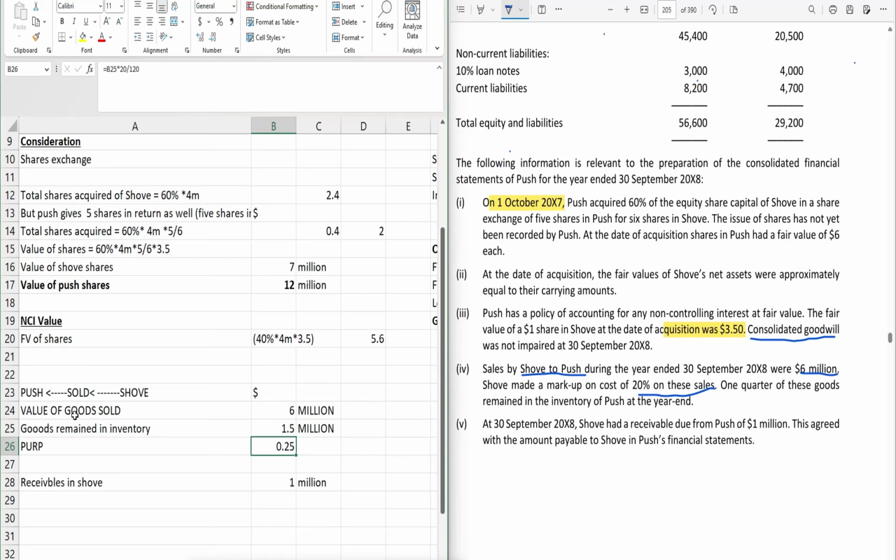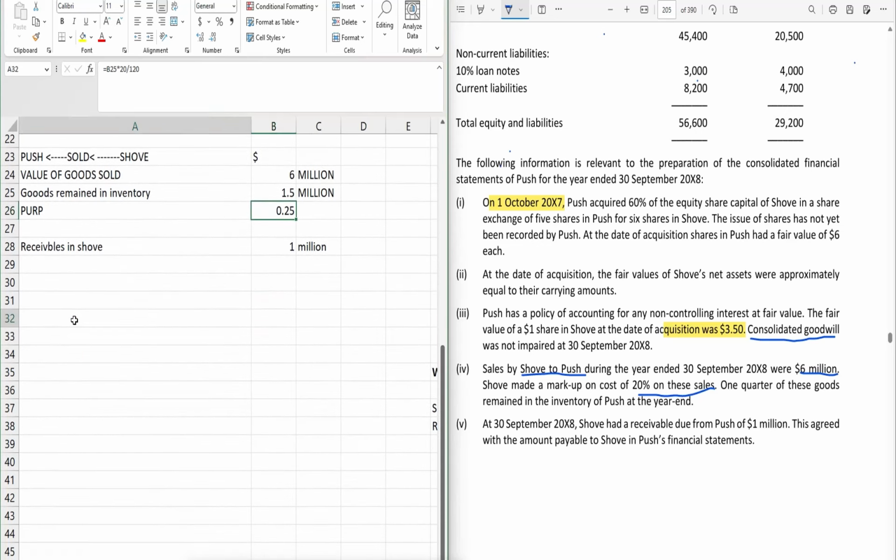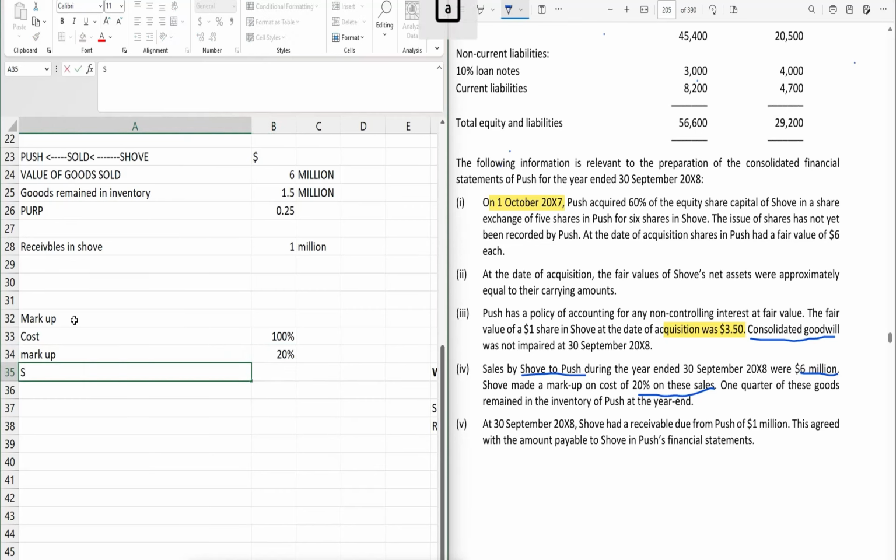So as I said, there is a difference between the markup and the margin. So I will explain one more time. If the question says markup, in that case your cost value will be 100%, and adding a markup of 20% will give you the selling price, which will be 120%.